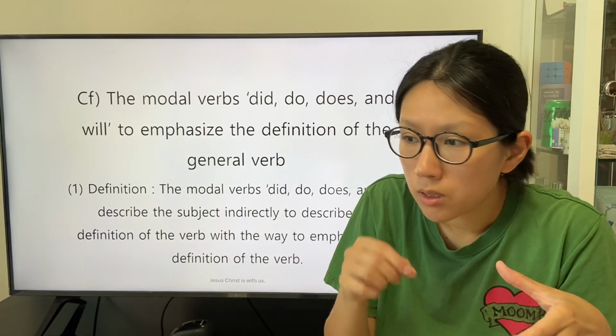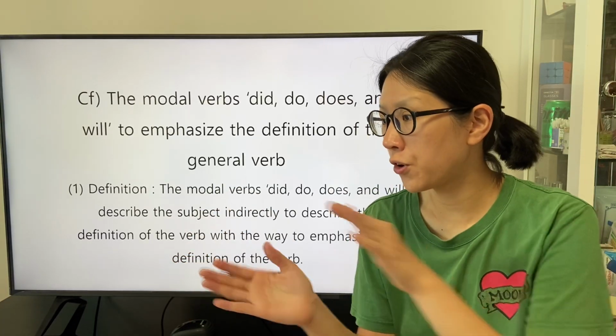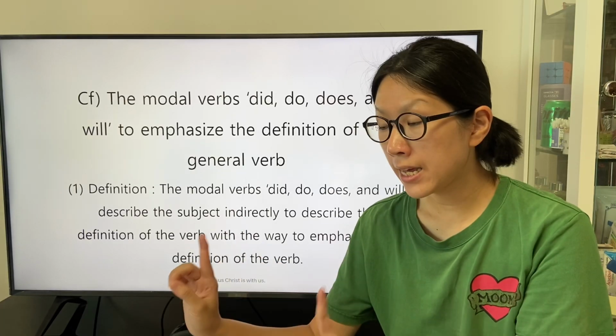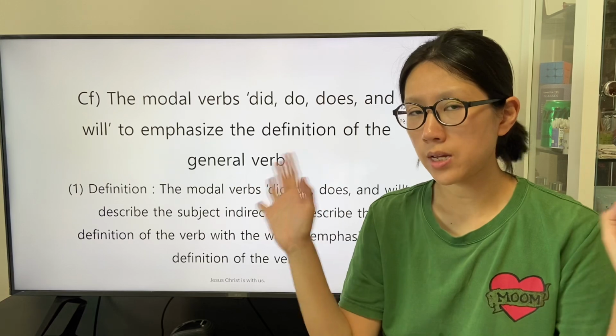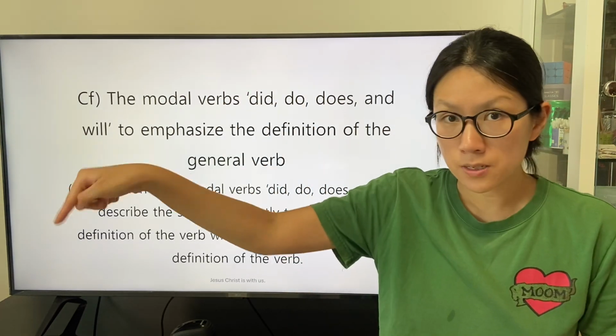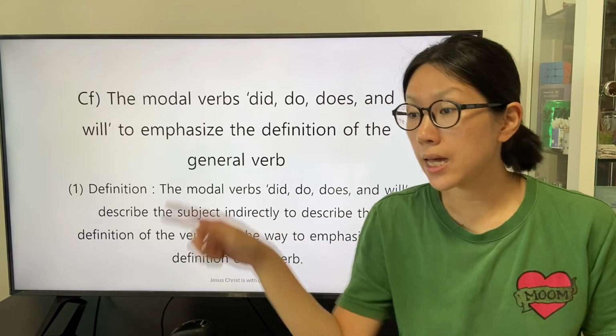The adverb specifies the definition of a verb as the first description, and the verb describes the subject. So we can understand that the modal verb describes the subject in the indirect way via the verb.